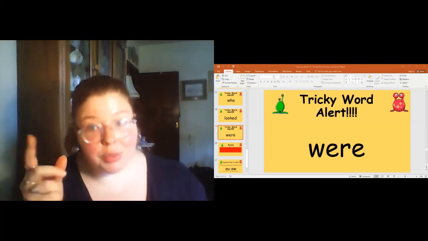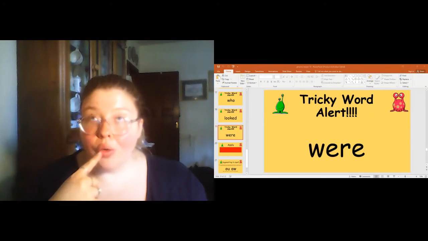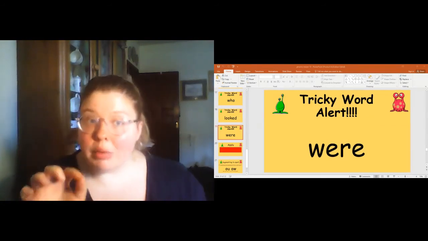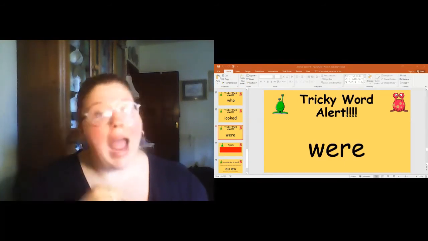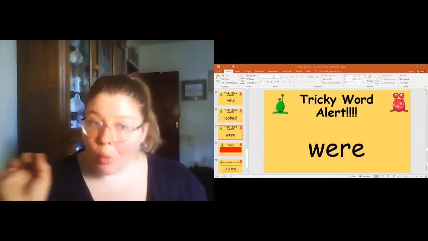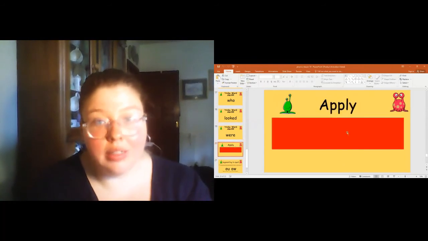The tricky bit in this word is the ERE. It's making a different sound. So when we read it like this, were. As in, we were doing our phonics lesson. Were. Okay, so let's move on to our reply.